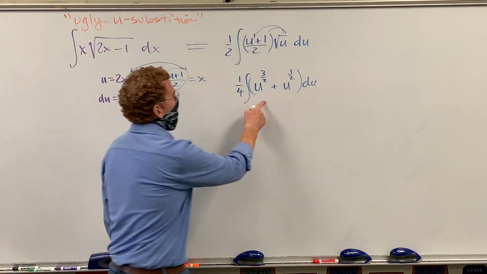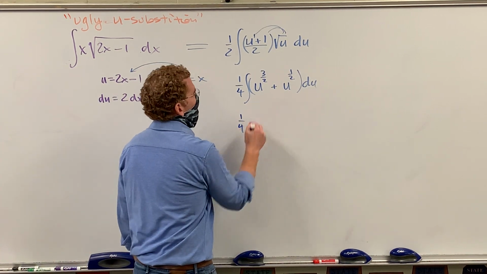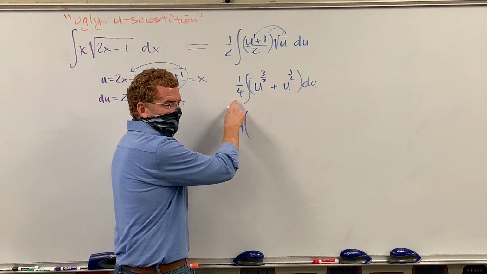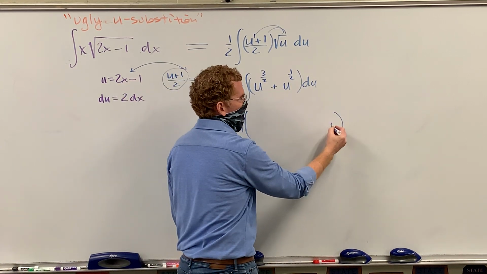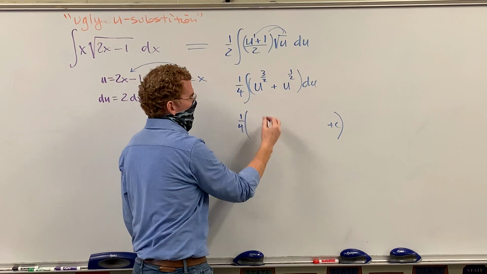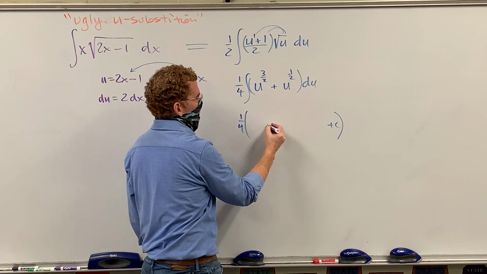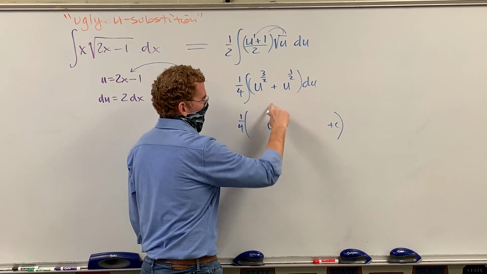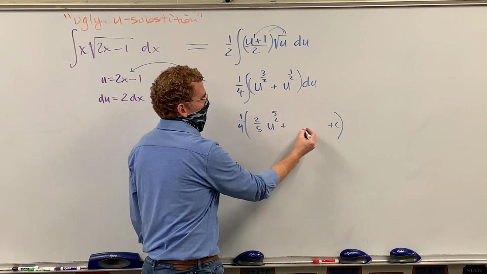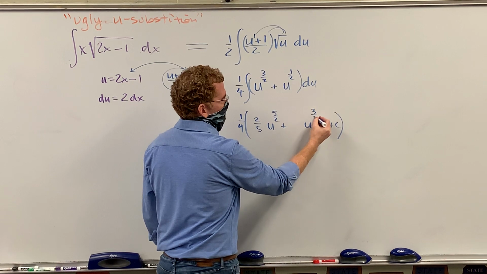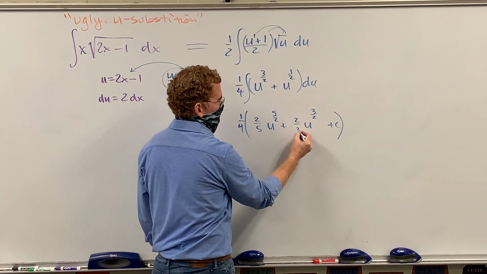So, at this point, I'm okay, right? I got 1/4 on the outside of everything, and this is why it's important to put 1/4 on the outside of whatever we're doing here. So what do I do here? U to the 5/2, divide by 5/2 is multiplied by 2/5, plus u to the 3/2 times 2/3.